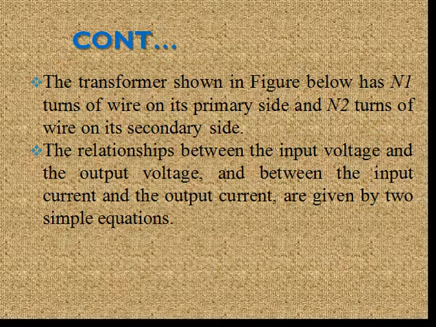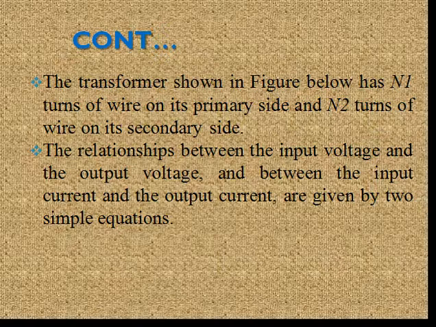The transformer shown in the figure below is illustrated with different symbols. The first ones are N1 and N2. N1 stands for the number of turns in the primary, N2 stands for the number of turns in the secondary.